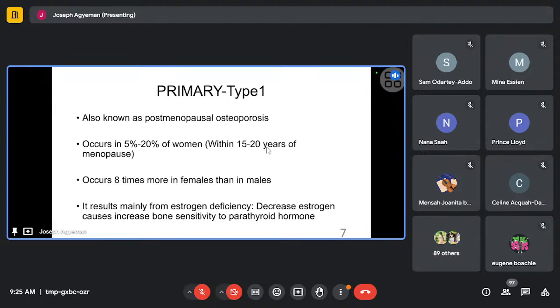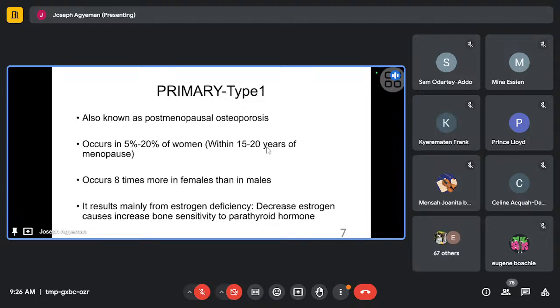Up to 20 years before menopause, they may get a beneficial effect when it comes to bone formation. Estrogen, for example, can increase osteoblastic activity whilst minimizing osteoclast activity. Once you don't have estrogen, then this benefit is lost, and therefore you have a high risk of bone resorption.